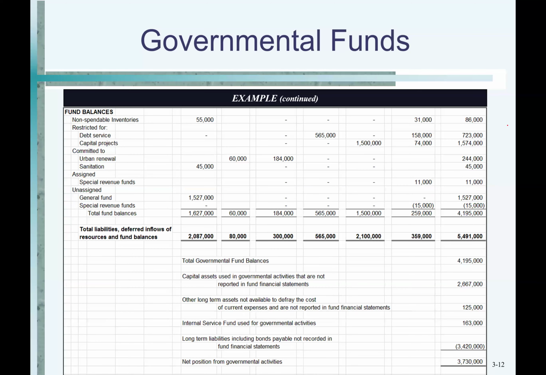And then you can see that we have our various fund balance categories that we talked about, non-spendable, et cetera. And then remember the reconciliation, which will show why there's a difference between fund balance for the governmental funds and the net position shown at the government-wide level for the statement of net position.